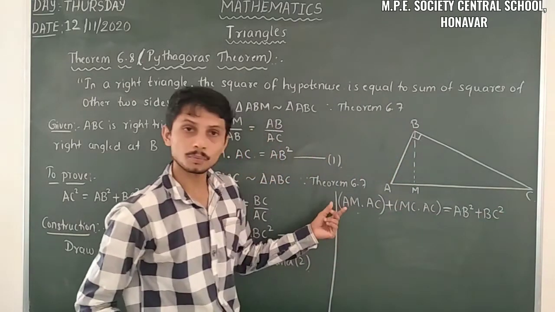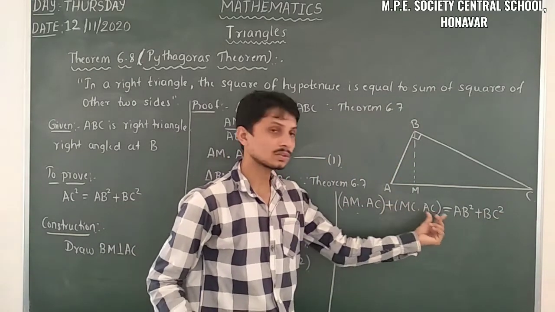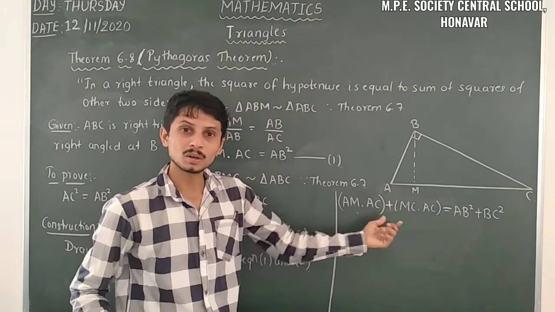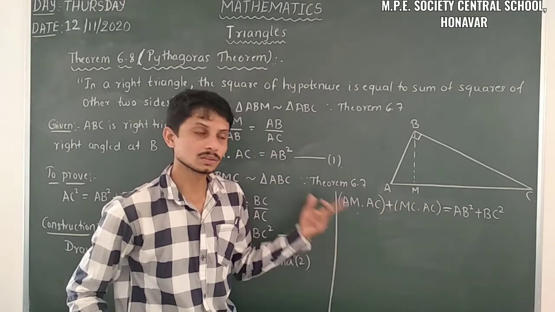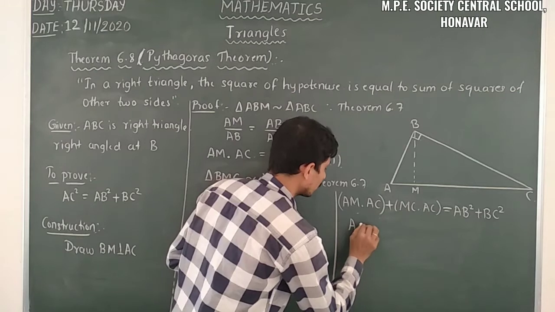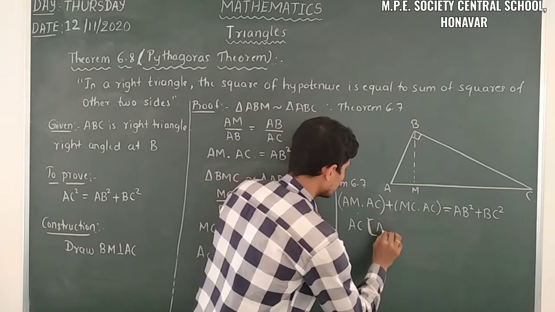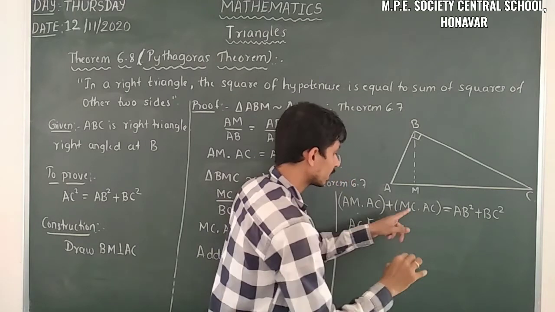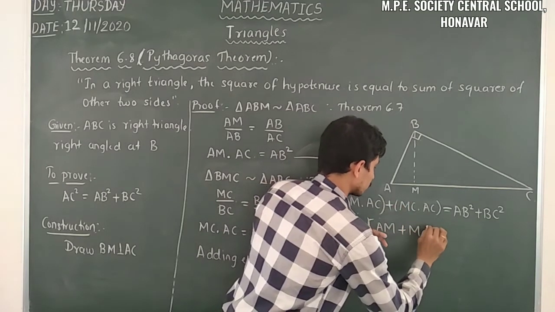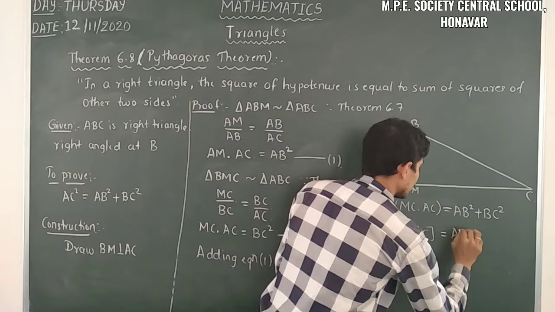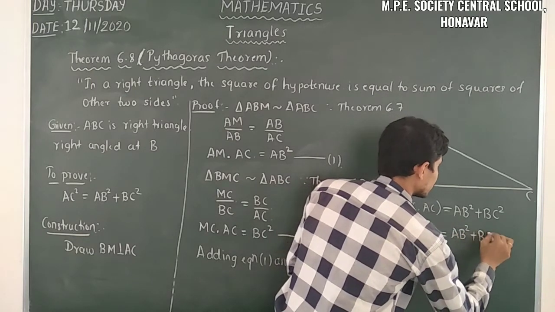Just observe AM into AC, MC into AC. AC is common for both, so take AC common. It remains AM plus MC is equal to AC, AB square plus BC square.